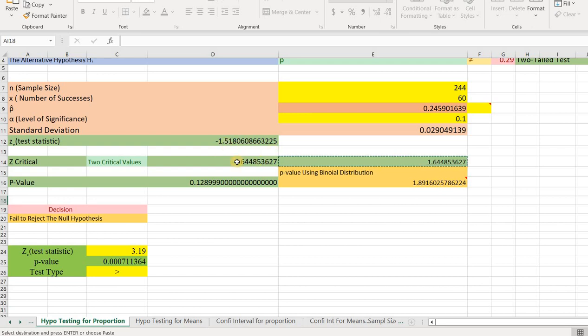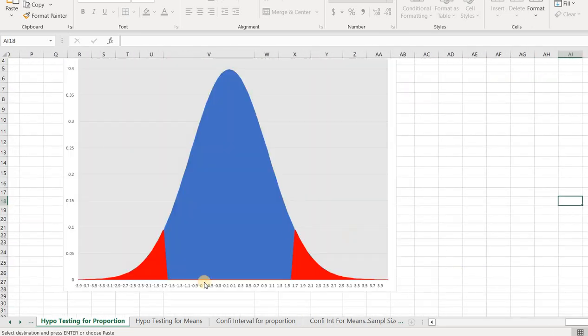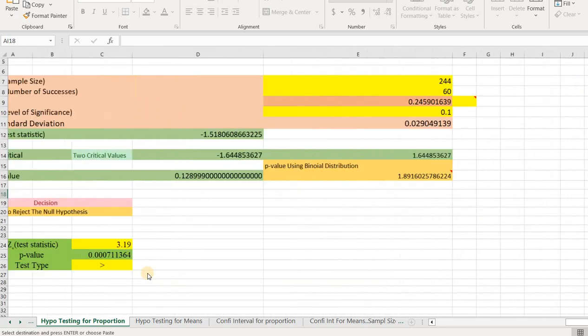The critical value is negative 1.6, which is smaller than negative 1.5, which means the test statistic is not inside of the critical region. So actually the picture is telling me the same thing, but it's not very obvious.